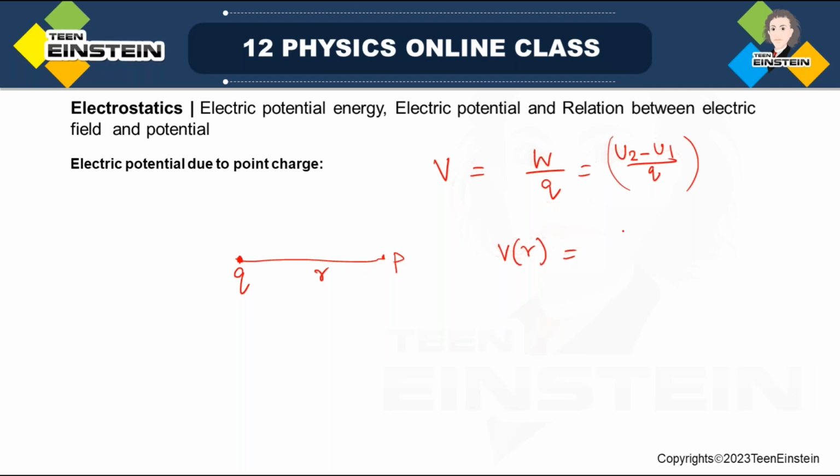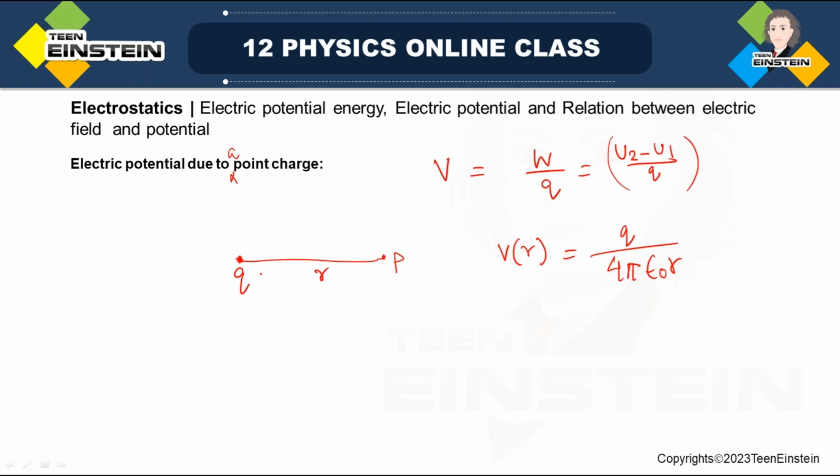So this electric potential at this point P due to a point charge will be Q by 4 pi epsilon naught R.